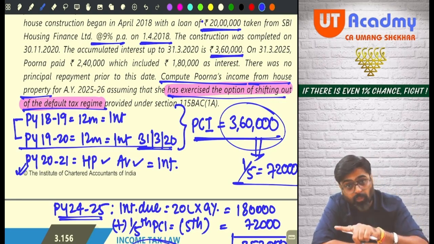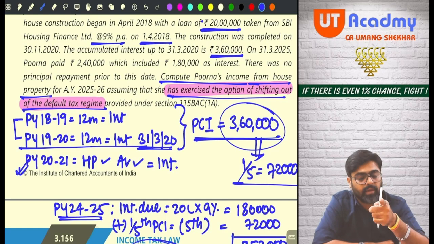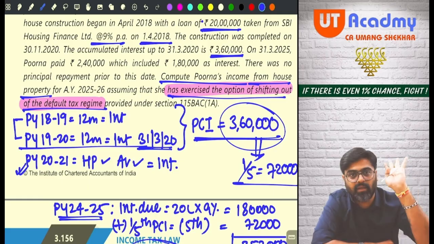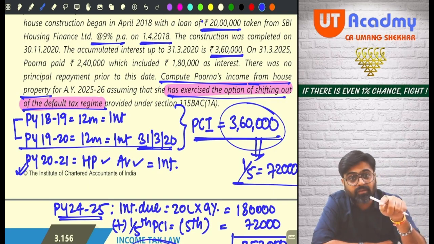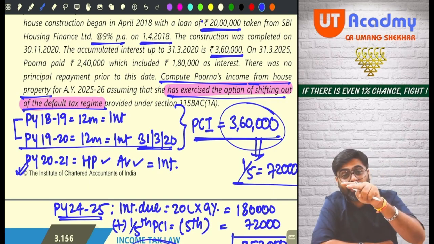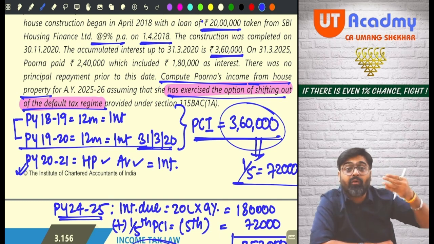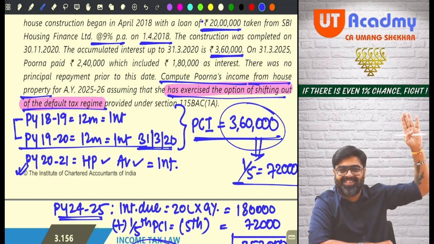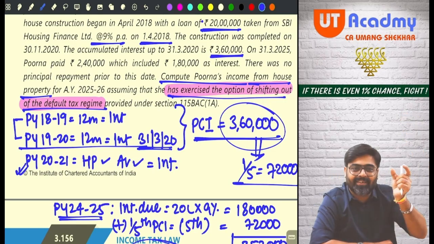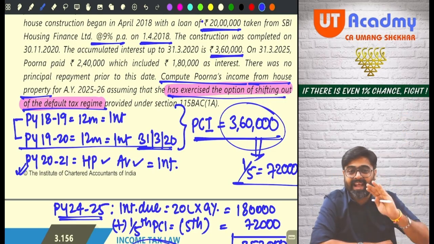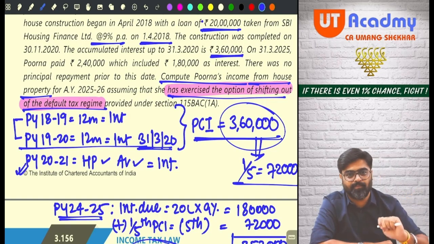Hence, the annual value of Purna's SOP at Bangalore is taken as nil. Hence, the municipal value, fair rent and municipal taxes of Purna's SOP have all been ignored, and we have taken GAV as nil. That you are supposed to take as a note.